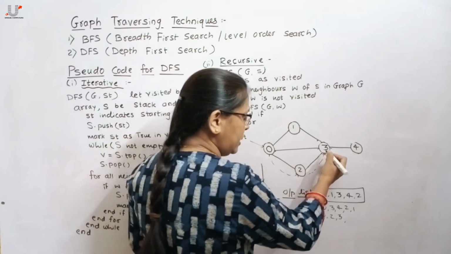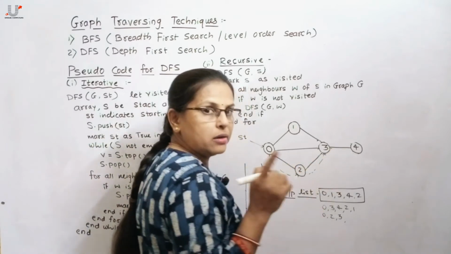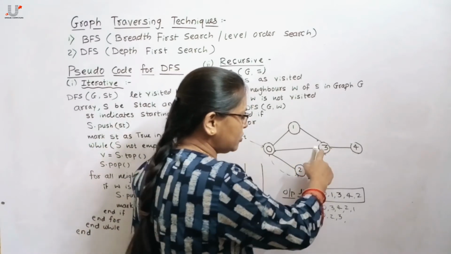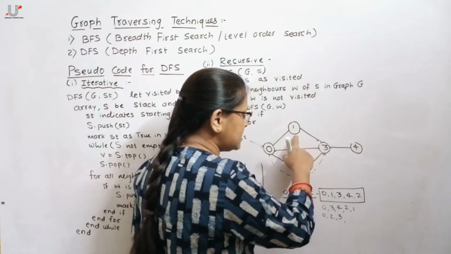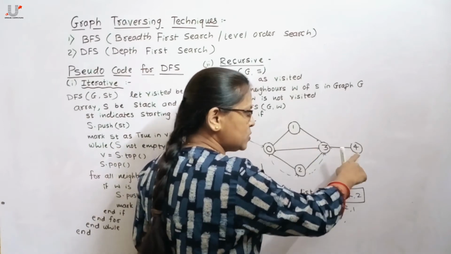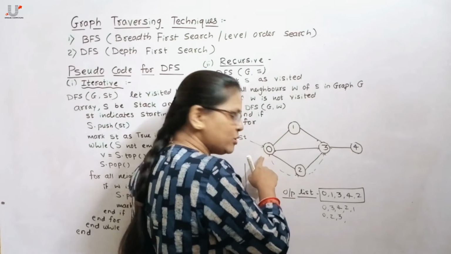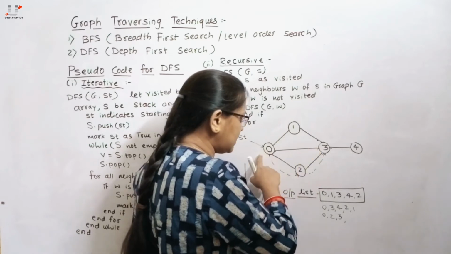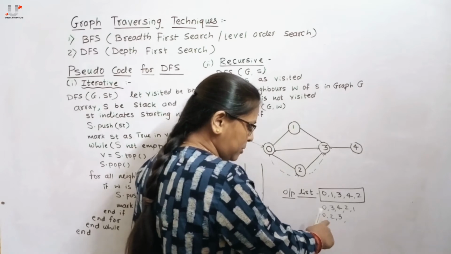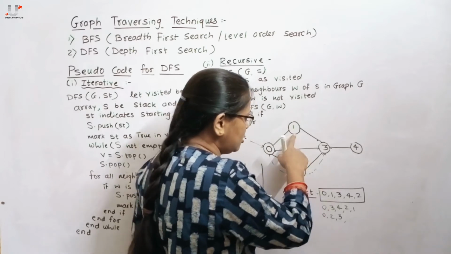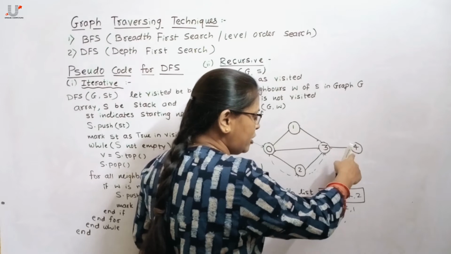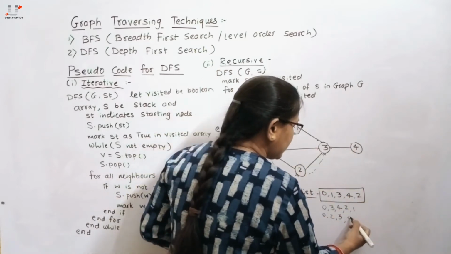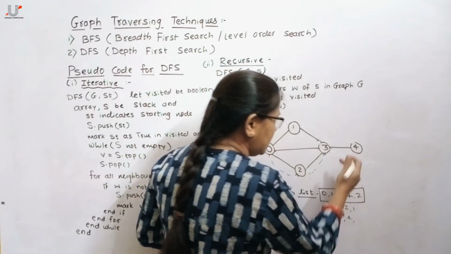Then from 3, the unvisited adjacent vertices of this 3 are 2, 1 as well as 4, and 0 is also adjacent to this 3, but it is already marked as visited because it is present in the output list. So from this 1 and 4 you can choose any. Here we choose, suppose, 4.